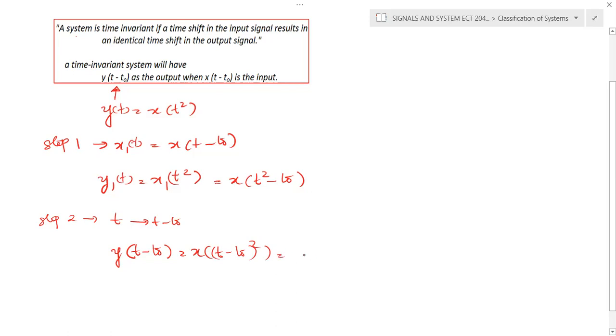So if you expand this, we can see that these two equations are not the same. This is equation number 1 and this is equation number 2. And if we compare equation number 1 and 2, they are not equal. So we can conclude that the given system is a time varying system.